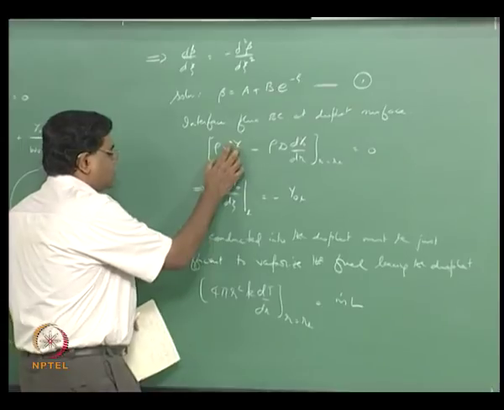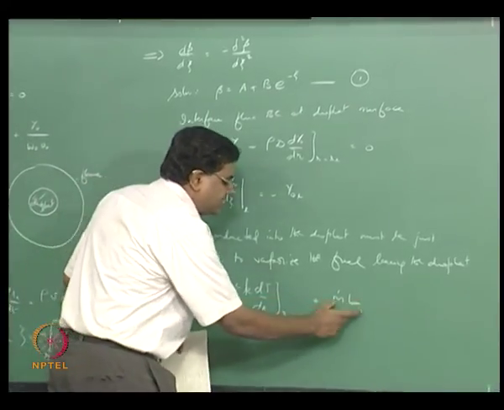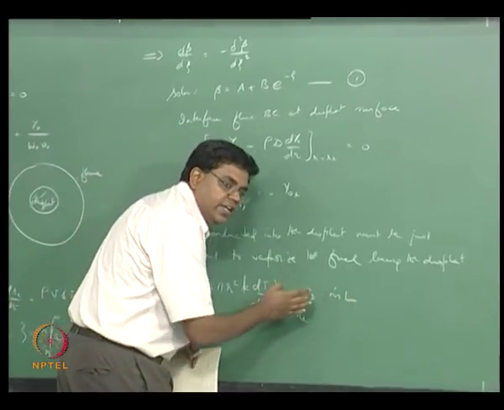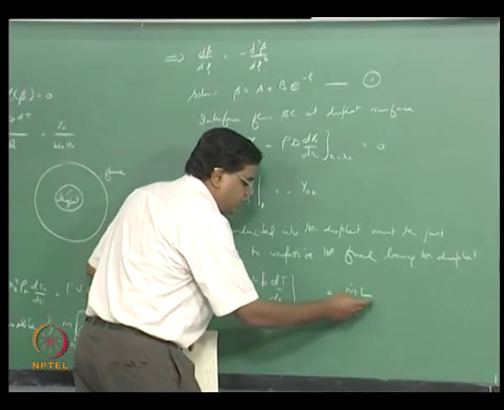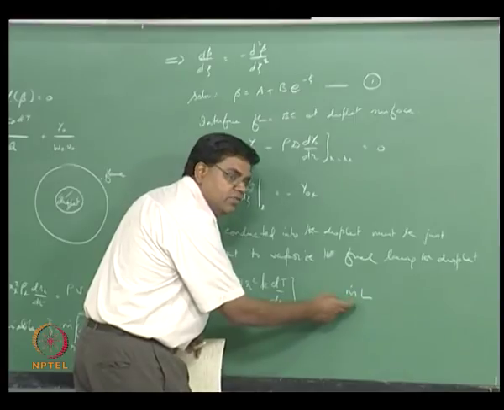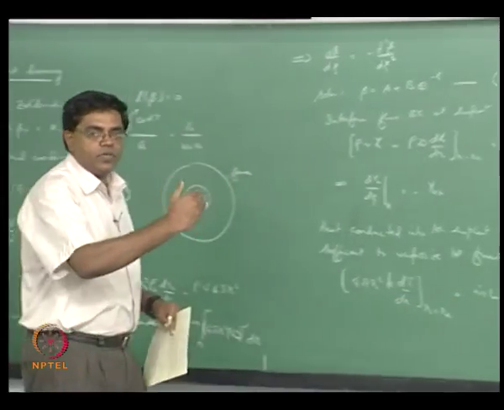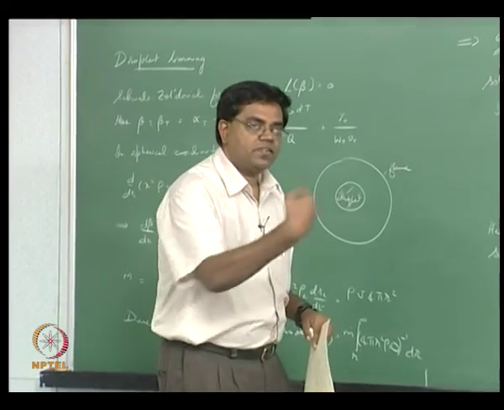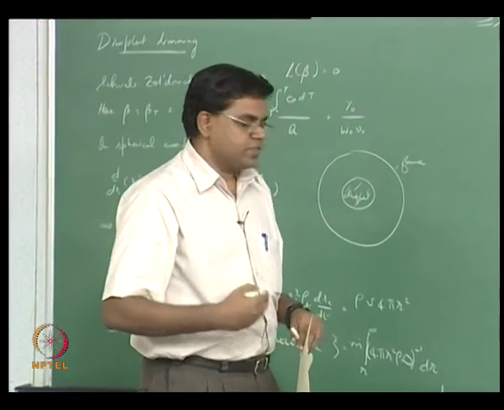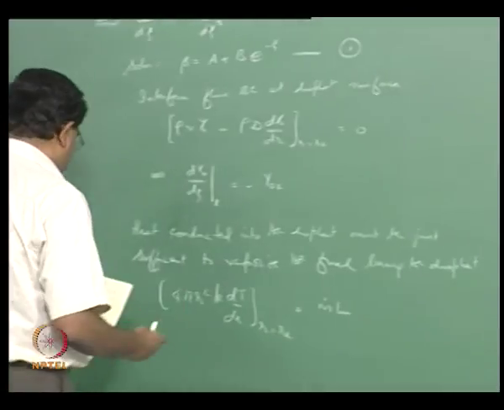But here this convection is based on the latent heat of vaporization. So in other words, you need latent heat of vaporization times the rate at which the droplet is regressing, which is the same as the rate at which the gases are issuing out of the droplet surface. So this is pretty much the same.